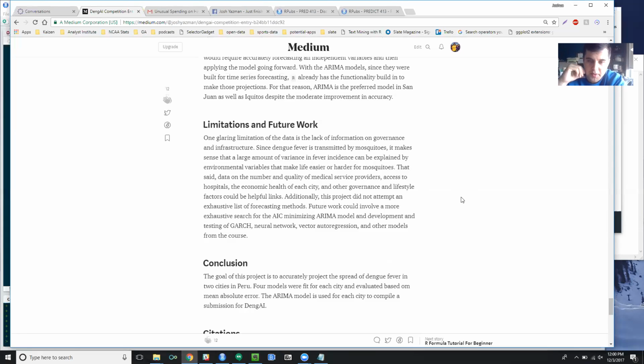One of my big gripes with this data set is that we're working with a lot of climate data, and again, it makes sense that a lot of the variability in dengue fever outbreaks would be captured by factors that make it easier or harder for mosquitoes to thrive, because mosquitoes carry dengue fever.